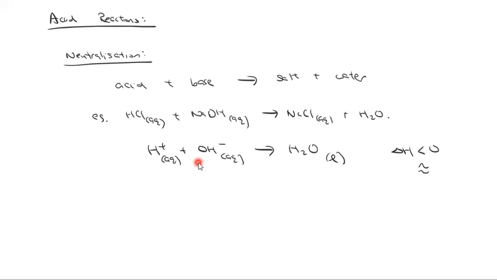And this is approximately negative 57.9 kilojoules per mole. You don't necessarily have to know the exact number, but you most definitely should know it is negative. So that is neutralization, and that's the net ionic equation for it.